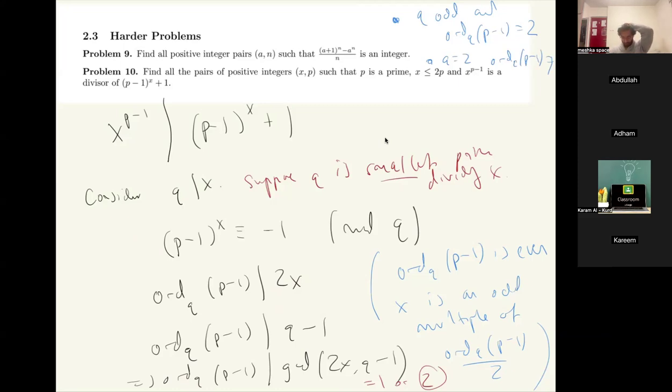So now let's see if these make sense. Let's do some parity checks. We look at this expression.